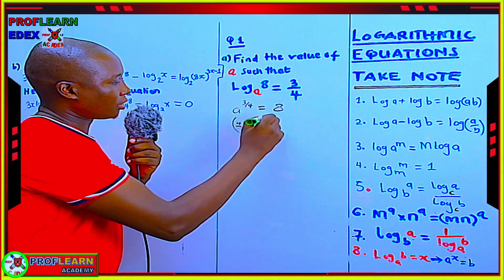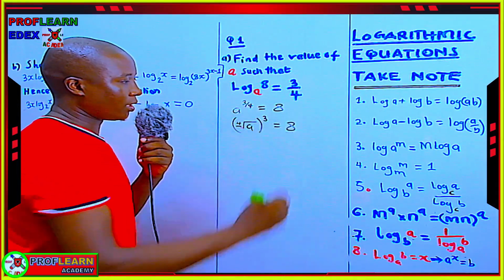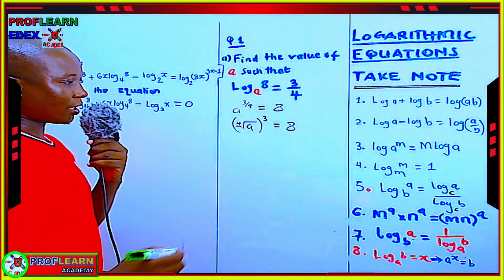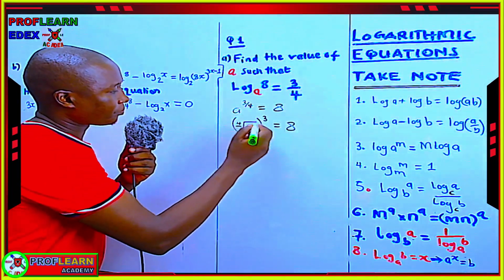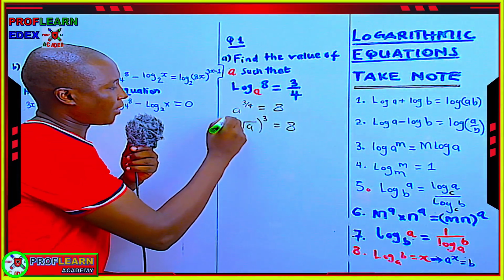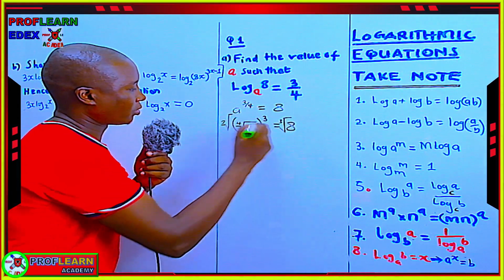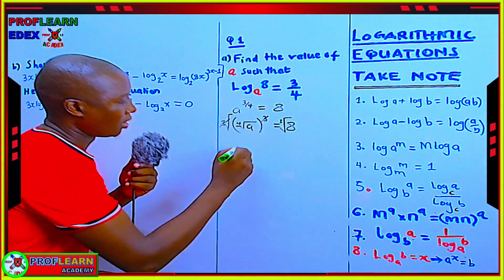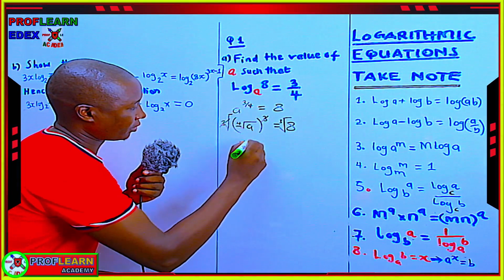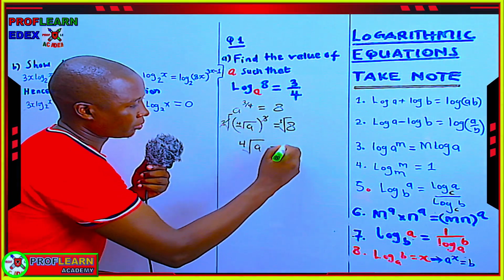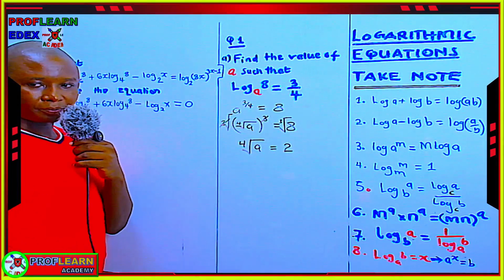Then this is raised to power 3 is equal to 8, which means we are going to find the cube root both sides, so that this and this will cancel out. We end up having the fourth root of a is equal to the cube root of 8, which is basically 2.